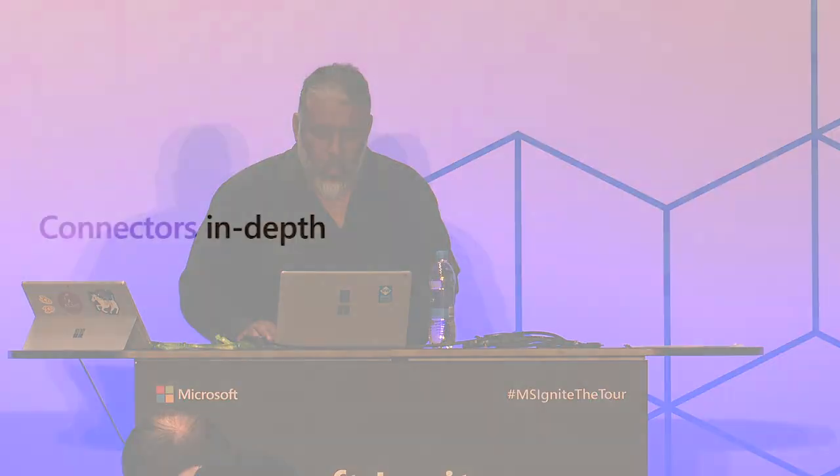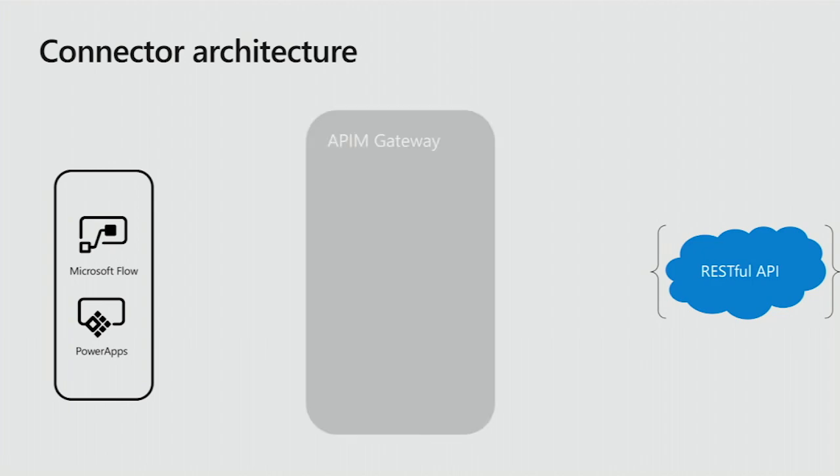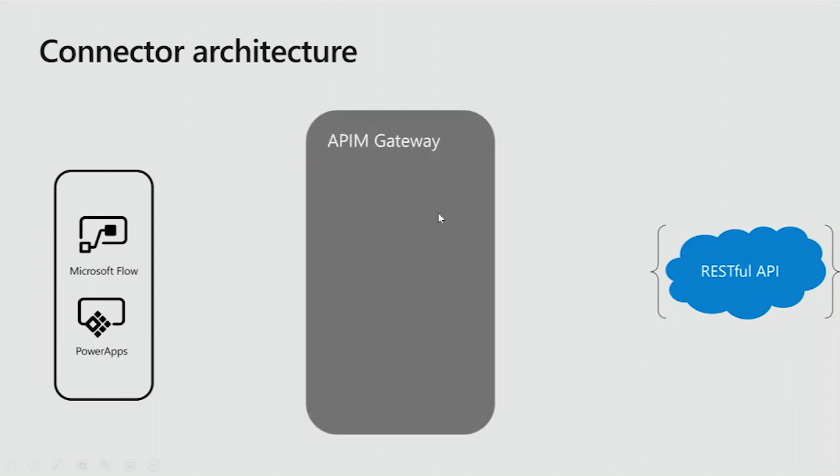I told you that I don't want to have many slides because I prefer to have demos, but just to show you this. For the architecture, you have Microsoft Flow and Power Apps applications on one side. On the other side, you've got your API. When you have your API, the goal is to create a custom connector, and the custom connector will be stored in the cloud in the API Management Gateway by Microsoft. And this gateway works like this.